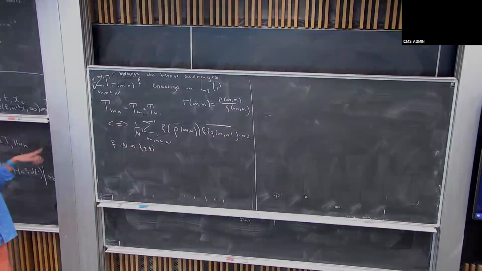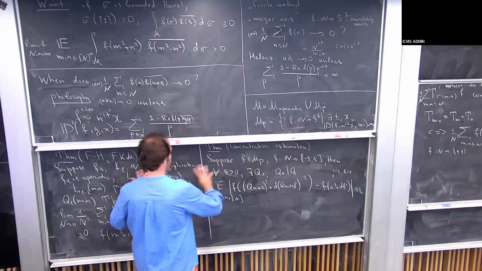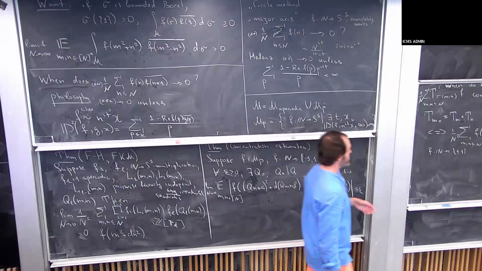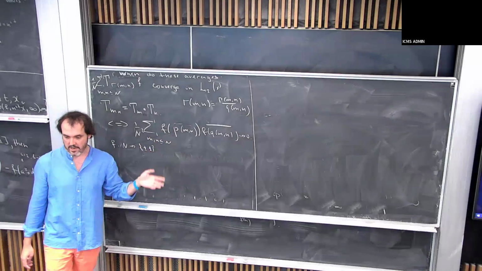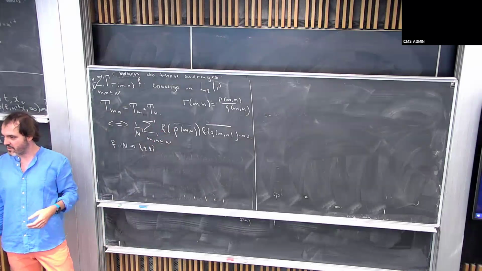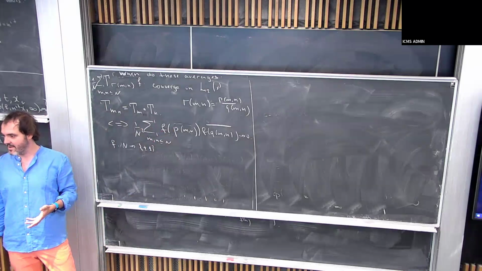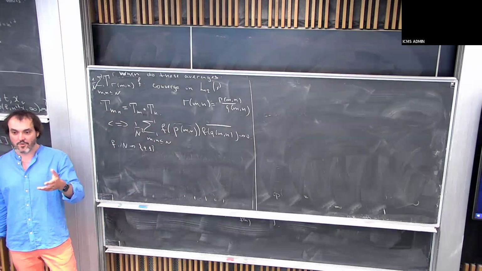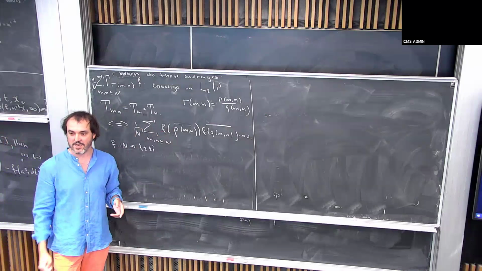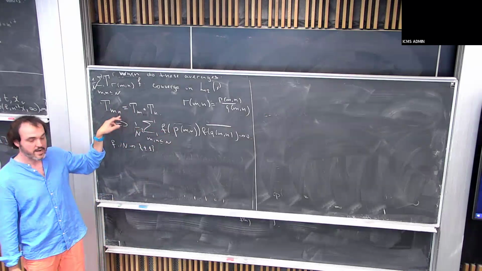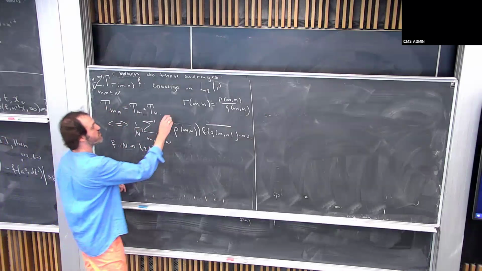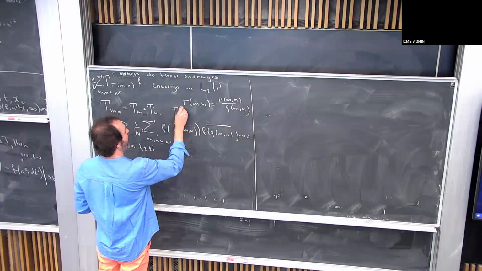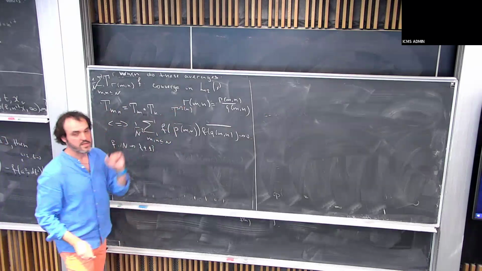This question has been studied in some forms, like by Joel and collaborators. Also the pointwise convergence for this multiplicative action was studied when you put T to the omega n, where omega is the number of prime factors.